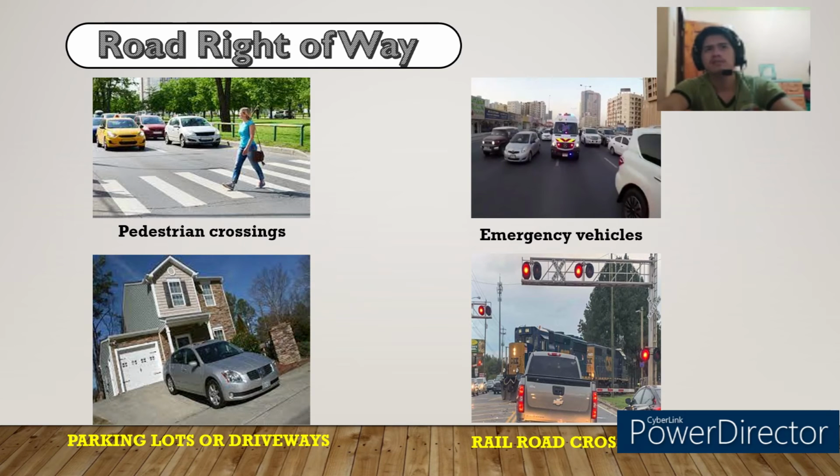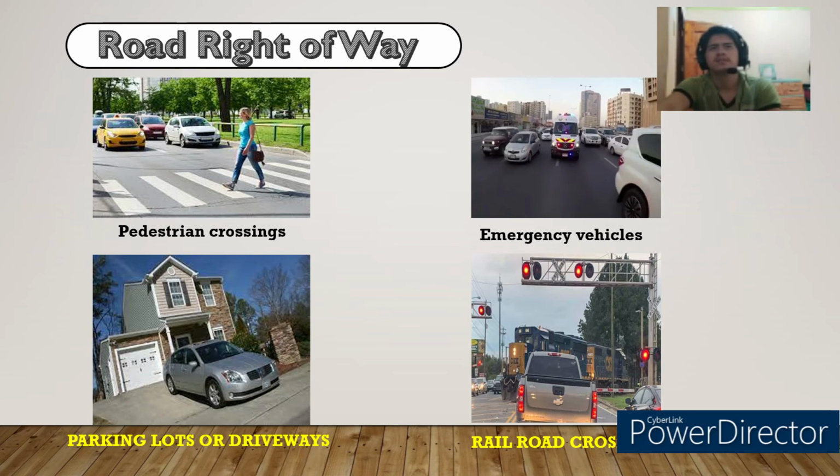This road right of way is applicable to intersections, roundabouts, railway junctions, pedestrian lanes, and many other road features where cars can enter at the same time. This of course applies not only to motor vehicles but also to pedestrians and even trains.